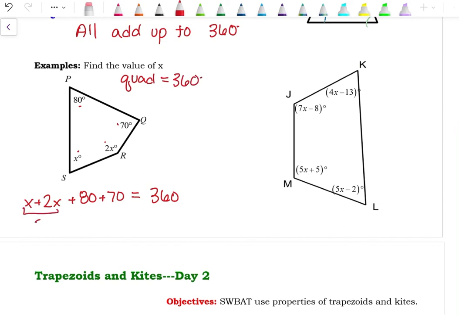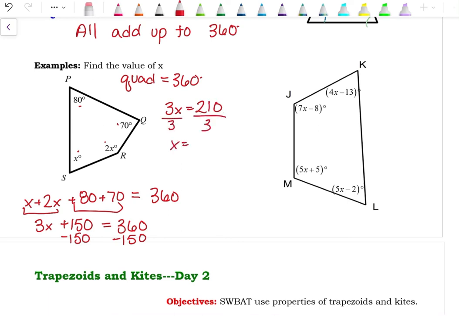We'll add these 2 together, so we'll get 3x, and we'll add these 2 together, and we'll get 150, and that'll be equal to 360. Then I'll subtract that 150 over, and I get 3x is equal to 210. Divide by 3 here, and I get x is equal to 70. Cool.